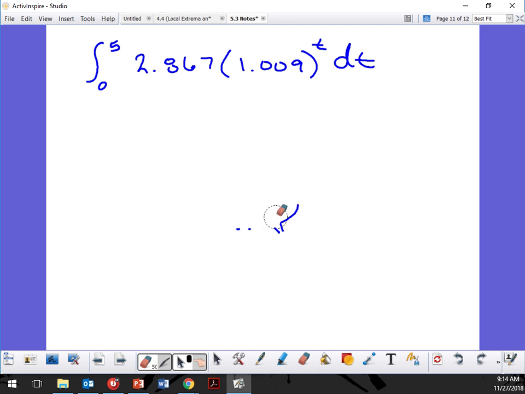So would it be 1.009 raised to the 2.867 t? Wouldn't that be the antiderivative? That's a stab. You're close. I'm pretty sure there's an ln in there. I totally forgot. I was looking at my notes this morning and I was like, oh crap, what is this?